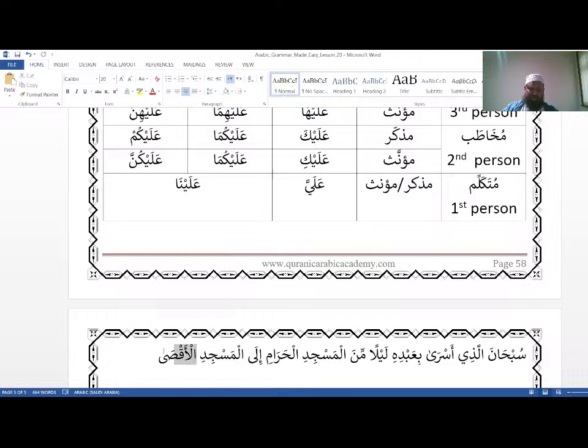This kind of ism which ends with alif maksura, obviously, will not show Arab with the kasra, but in the background it is in halatul jar. Subhana, glory be to Him who took His servant in the night from Masjid al-Haram to Masjid al-Aqsa.